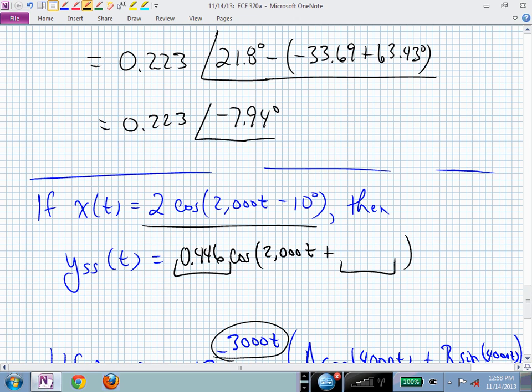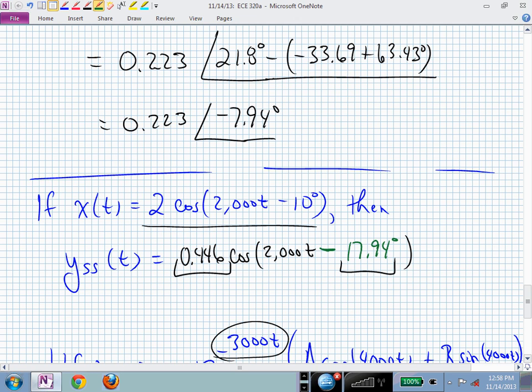What's the angle? I now need to combine the original angle of -10 with the contribution of the system. The system is delaying the signal a little bit. That's what that means with the negative angle. We now have a minus 17.94 degrees.